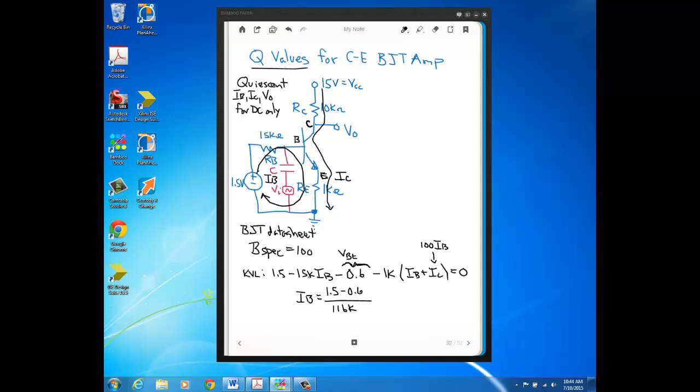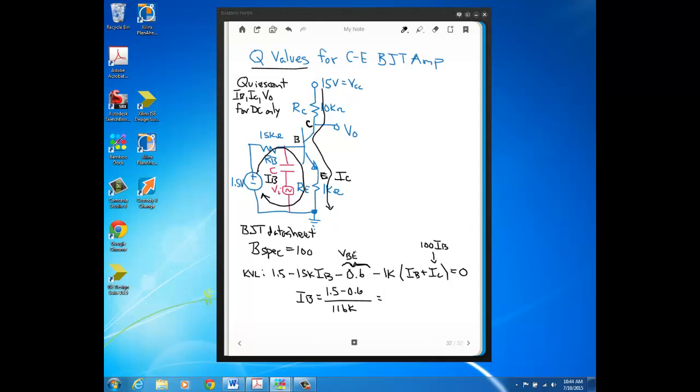And then we also have a 15K IB here. So that's where the 116K comes from. And 1.5 minus 0.6 is the difference in voltages of the source voltage and VBE, which again is just the drop across the forward biased base to emitter junction of the BJT.